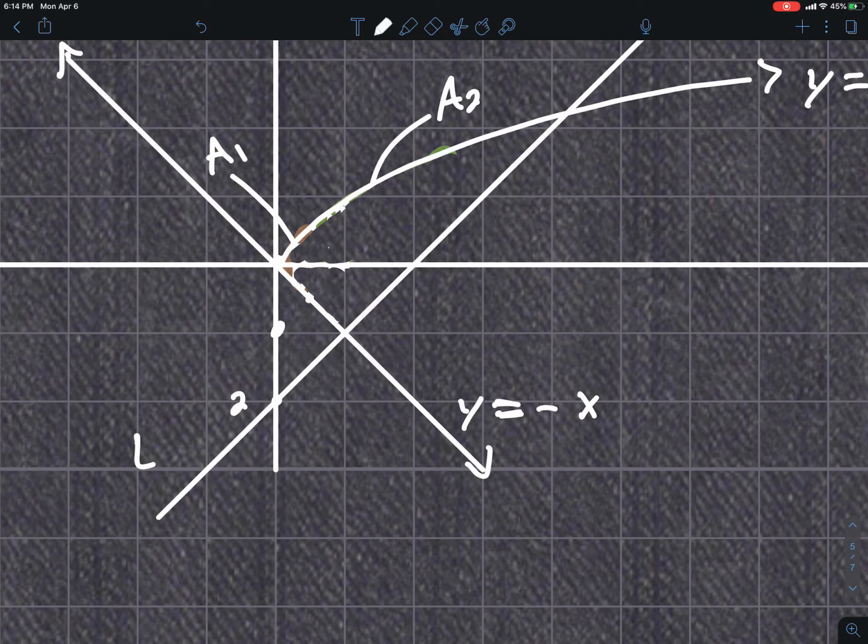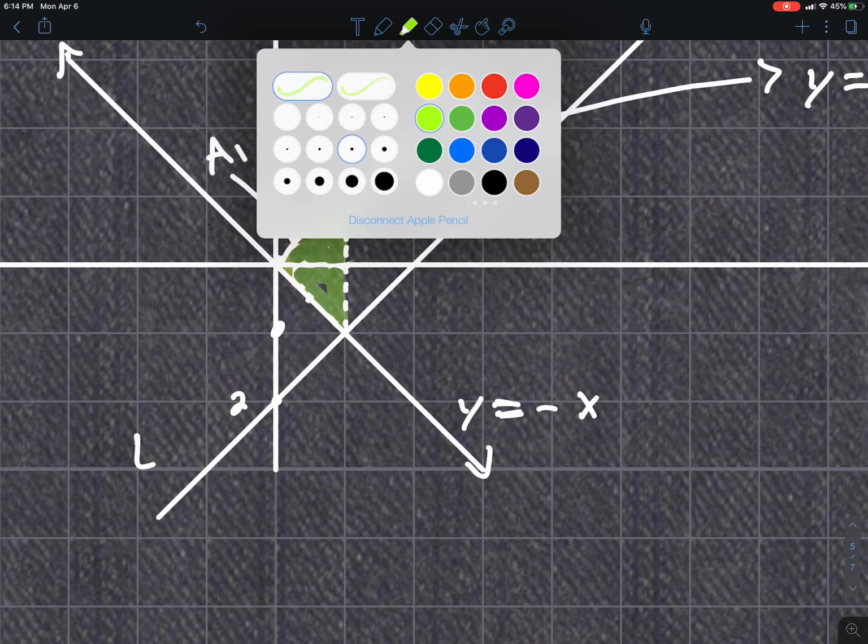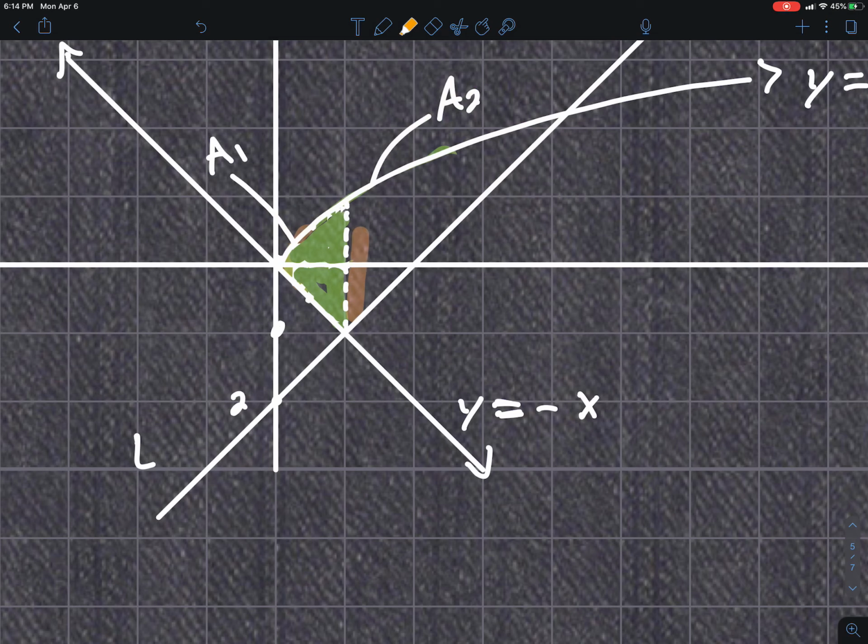Let's try this again. So you have these 2 separate regions. I'll just leave it like that. So you have this one here, and then you have this one here. It's those 2 separate ones. So this will be my A1, this one might be my A2.